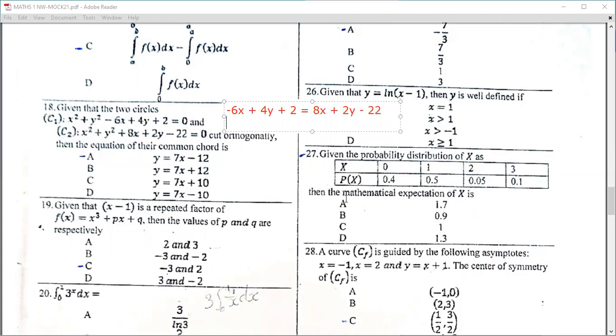In the next step, let us bring the y's to the left-hand side. We are going to have 2y equal to, carrying the x to the right-hand side, 14x minus 24. We can divide all through by 2, to have y equal to 7x minus 12. So you can see clearly here that the key is A. That will be the equation of their common chord.